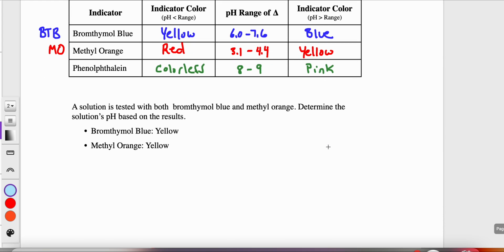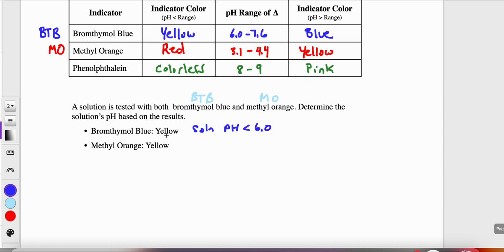Take a look here. An example question from some previous exams. A solution was tested with both bromethymol blue, our BTB, and methyl orange. The bromethymol blue turned yellow when it came into contact with this solution. Bromethymol blue exhibits its yellow color when the pH is less than 6, so the solution's pH has to be less than 6.0.